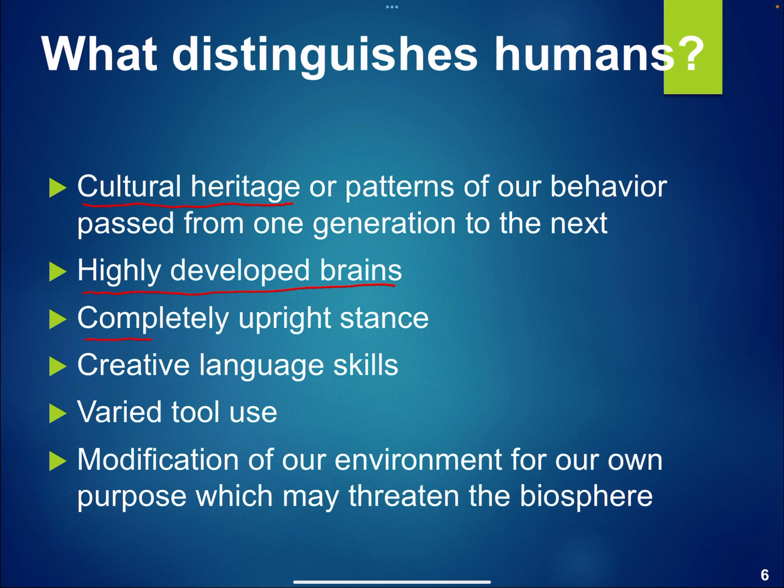They have a complete upright stance. Humans have a creative language ability. They are able to use and create tools, and they are able to modify their environment in a tremendous manner, modify the environment to their own benefit. But at the same time, though, humans have to be aware of sustainability as they transform their environment.